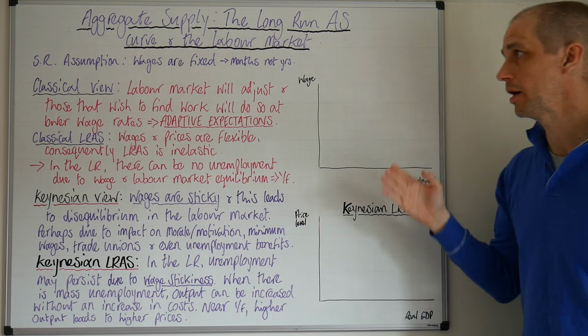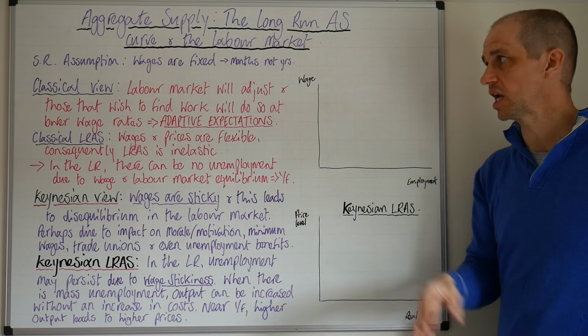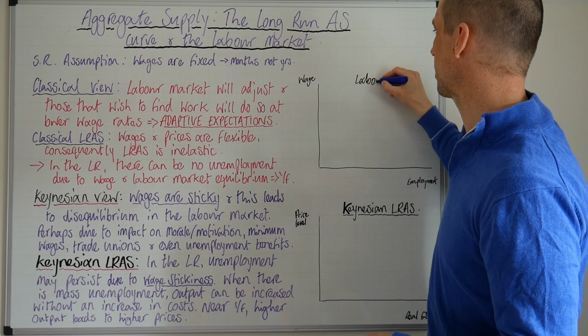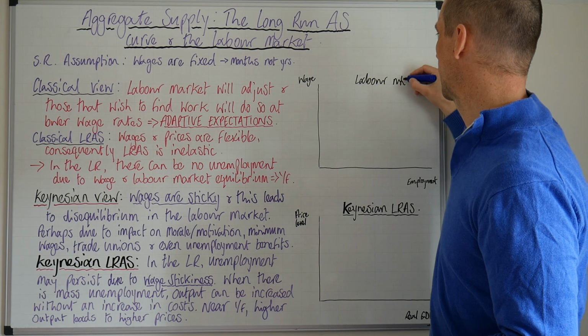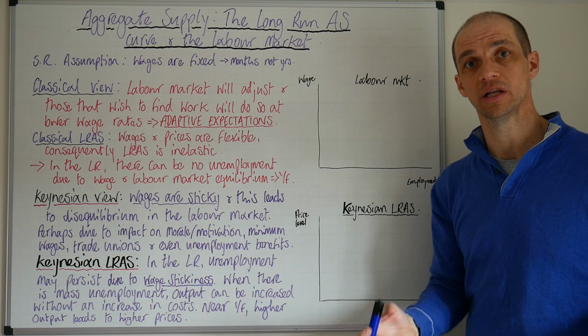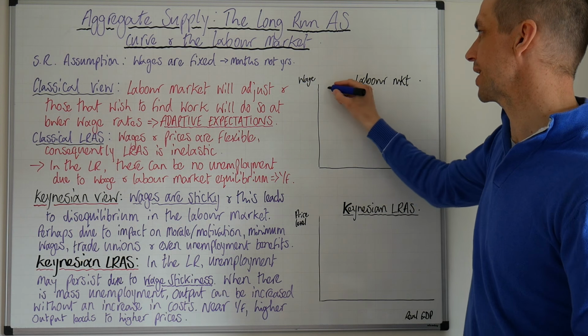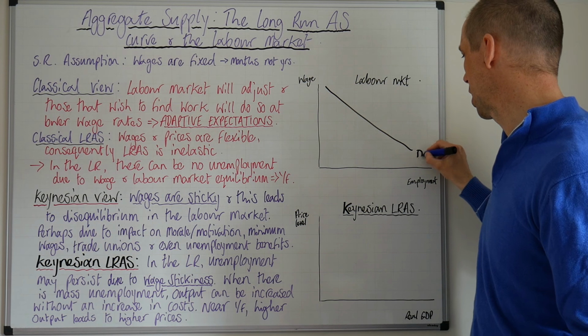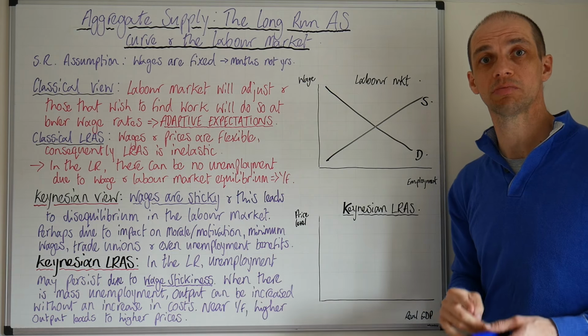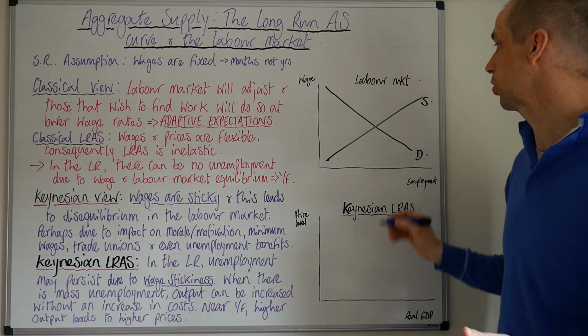Okay, so firstly, let's take a look at the labour market. So if we just focus now on the labour market and we consider a contraction in aggregate demand in the economy, what impact is that likely to have on the demand and supply of labour within an economy?